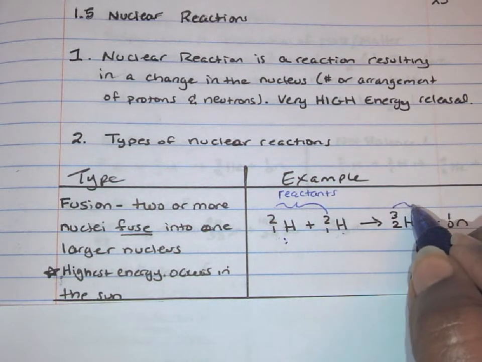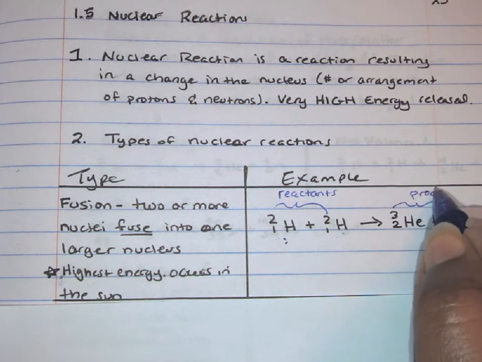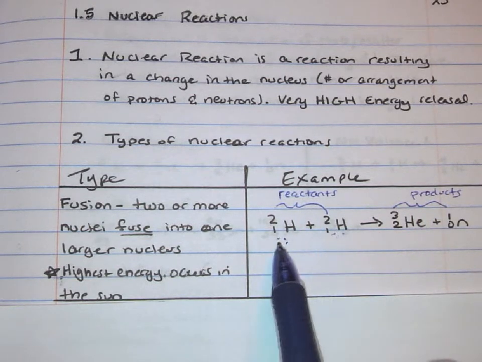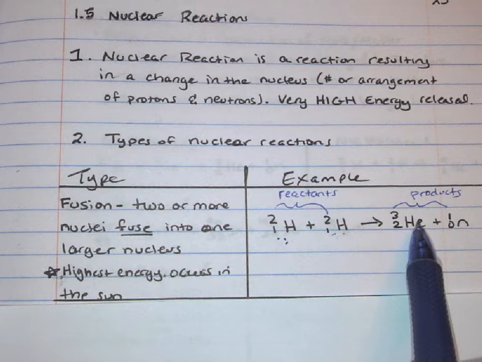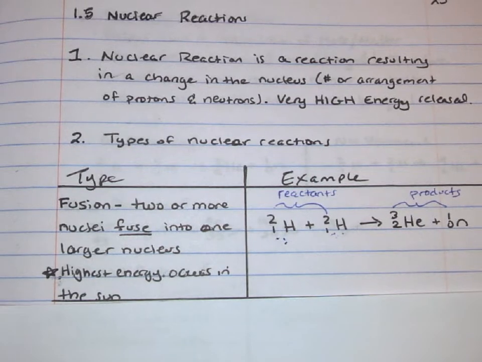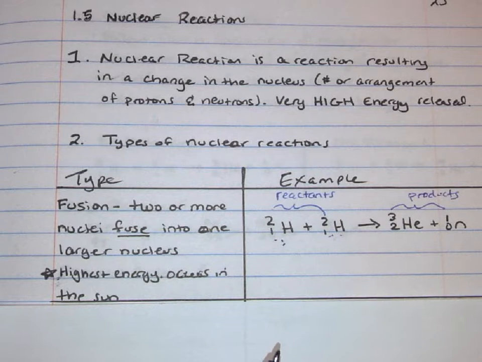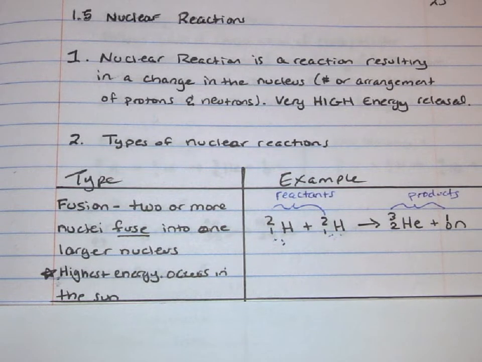And whatever you make will be your products. So the thing to remember is that reactants react and products are produced. Okay, so just wanted to point that out. If you need to copy down these notes, you can pause the video now, and then we'll move on.